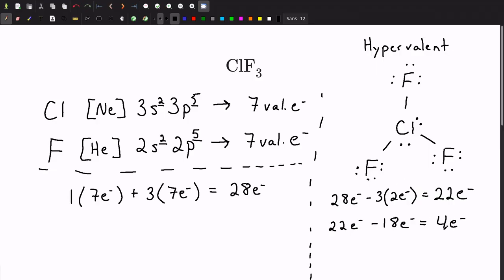I mean, we had too many electrons to place in this case. We may just have too many atoms to place on the central atom. These are the 2 things that are going to indicate to us that we have hypervalence. The important thing is that we're going to expand the valence of our central atom. We're not going to do that with the terminal atoms. So the extra electrons that needed to be placed needed to go on chlorine in this case.